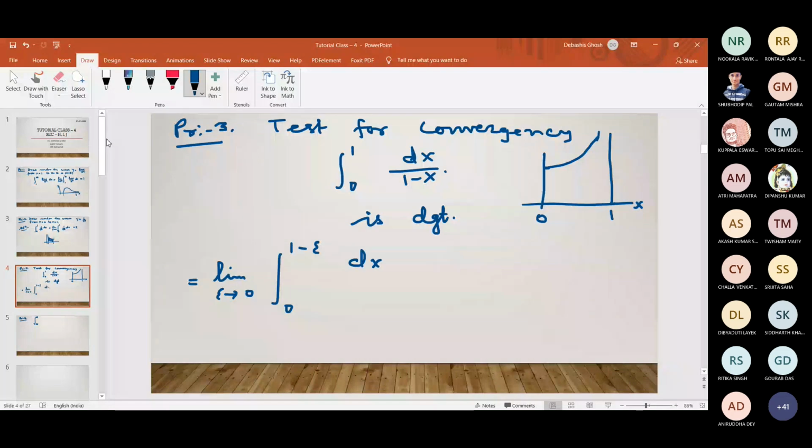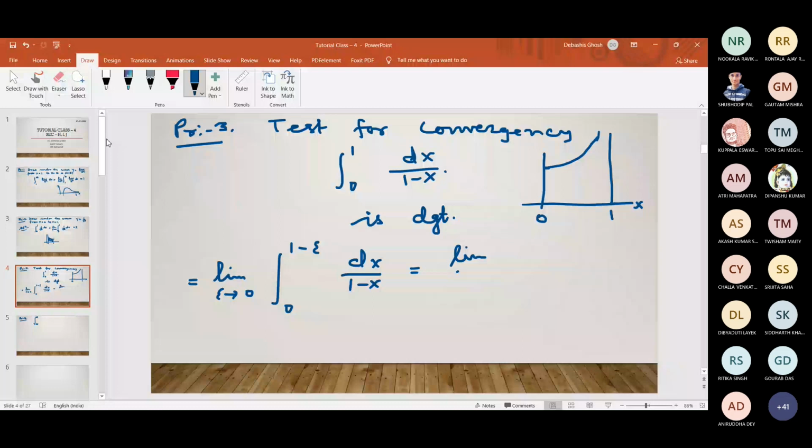If you take that limit, it comes to limit epsilon tends to 0, ln of 1 minus x, with limits 0 to 1 minus epsilon.